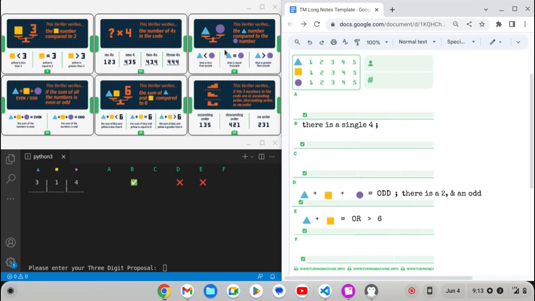So we could have, let's see, 4, 2, and then, yeah, either 3 or 5 based on the triangle value, right? You could have 4, 2, 3 or 4, 2, 5 based on that.